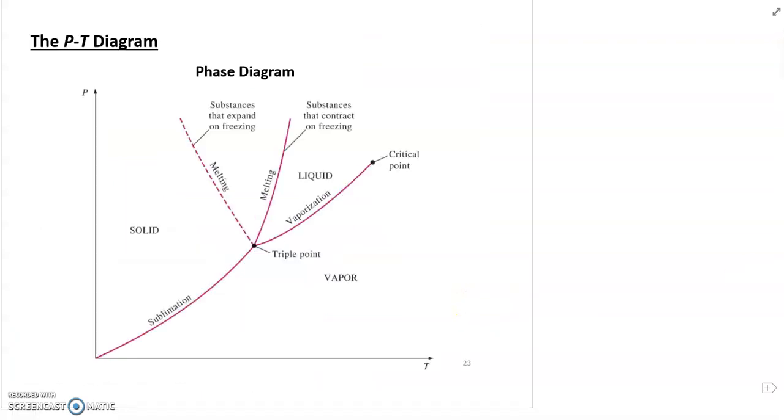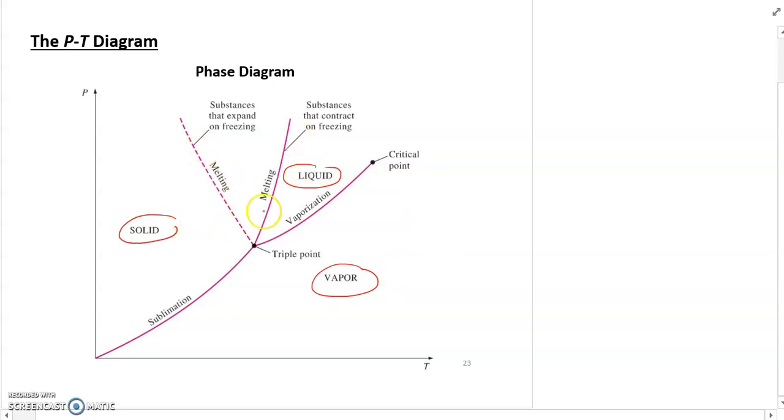This figure shows a PT diagram of a pure substance, and this diagram is often called a phase diagram since all three phases are separated from each other. You have vapor, liquid, and solid separated by the three major lines: a melting line, a vaporization line, and a sublimation line. This is your triple point.